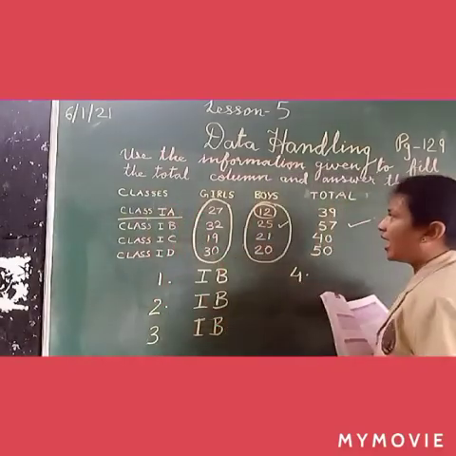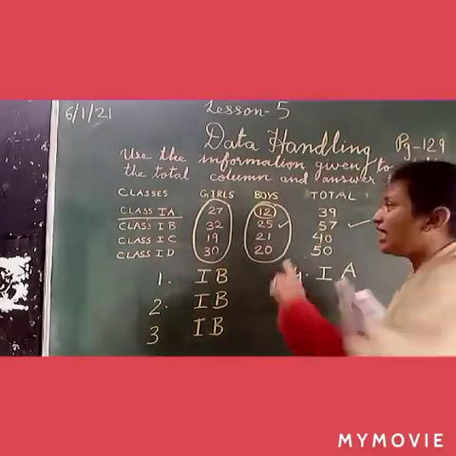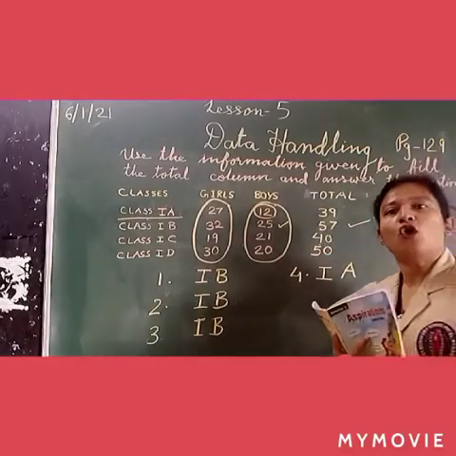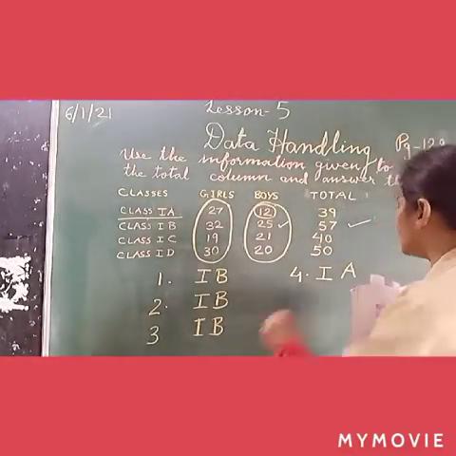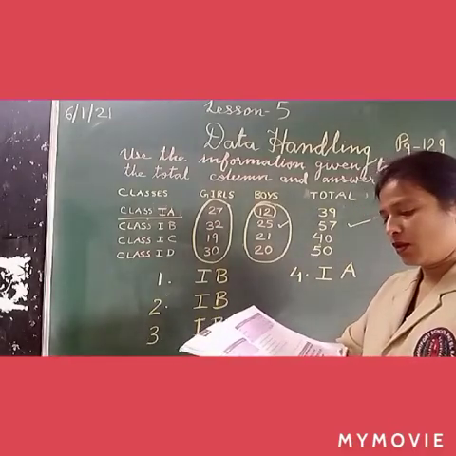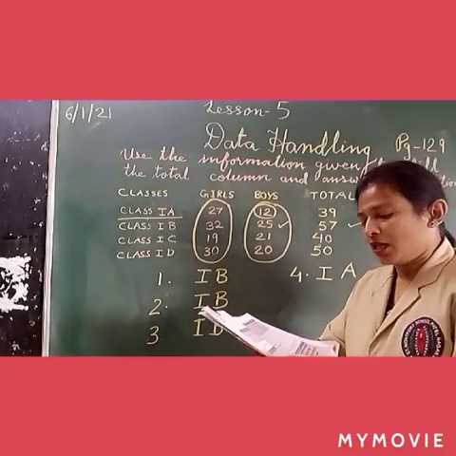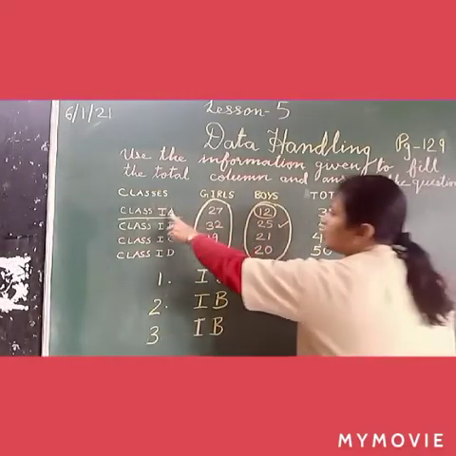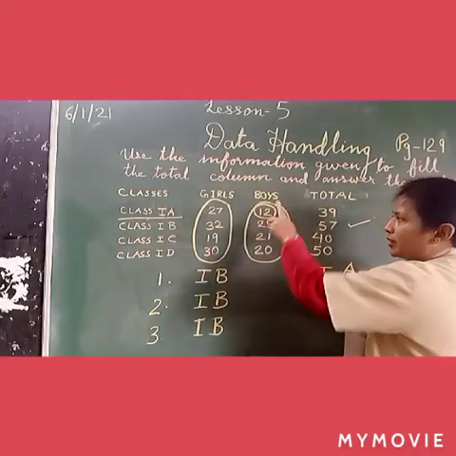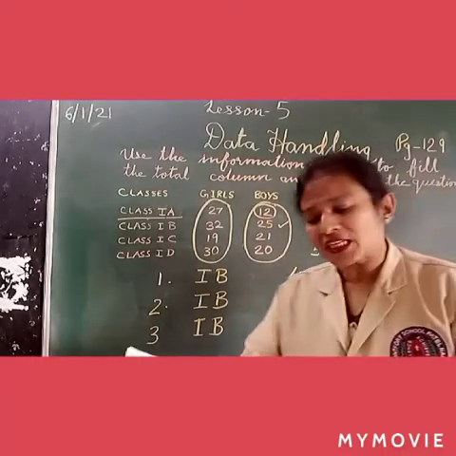In which class? That is in 1A, minimum number of boys are there. So we will write 1A here. Least number of boys are in 1A, as it is only having 12 boys.